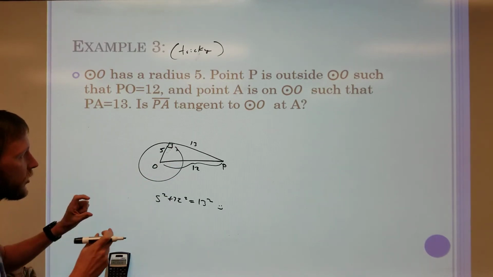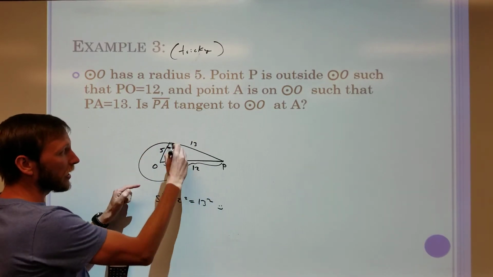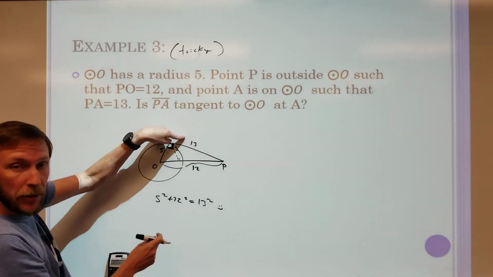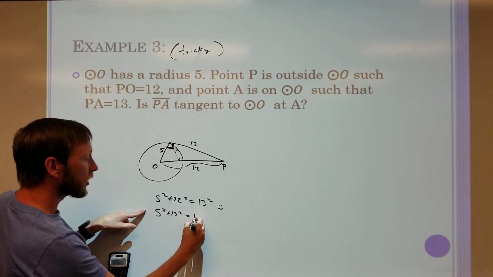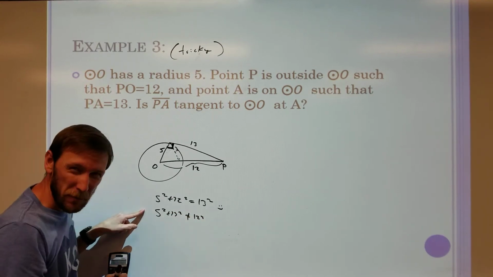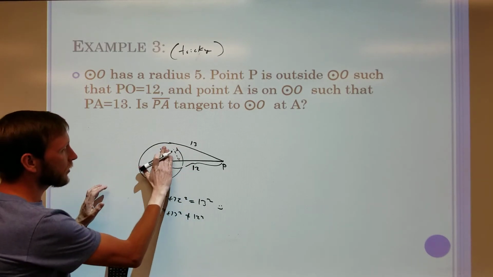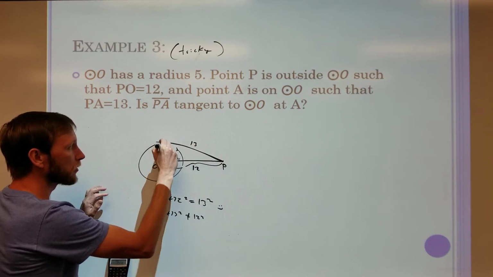What you should notice is that these would have to be the legs of the triangle, and this would have to be the hypotenuse. The hypotenuse cannot be longer than one of the legs, and we would have to have 5 squared and 13 squared equal 12 squared, but they don't. So, given this situation, the picture would, in reality, have a right angle here.